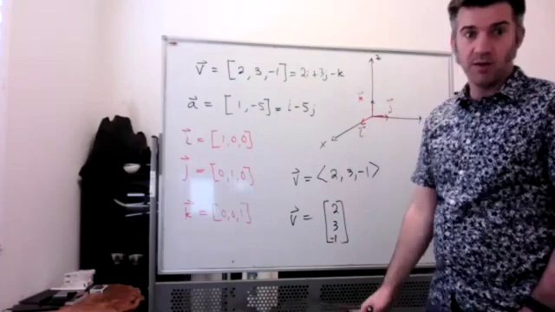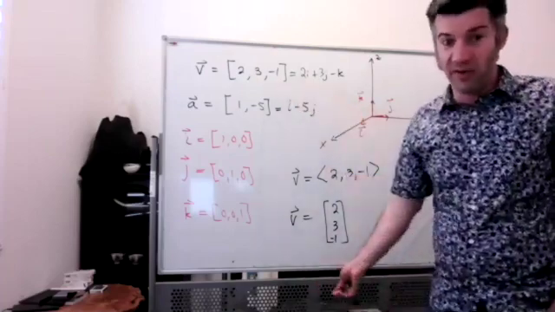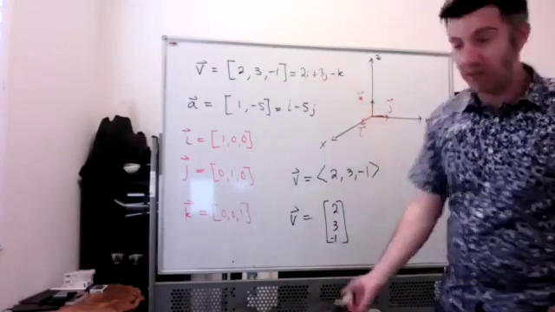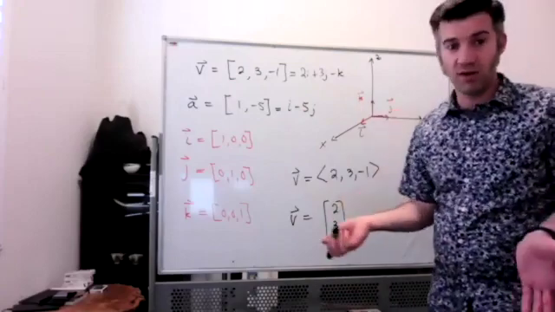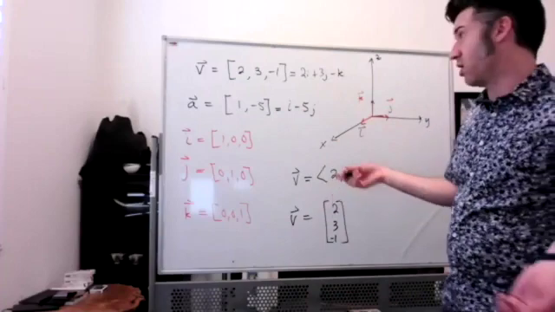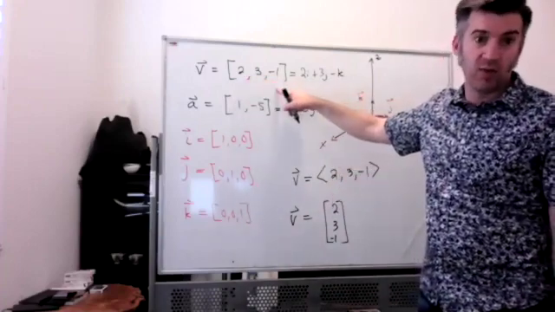Okay, so these are 4 different but equivalent ways of writing a vector. All of these mean the same thing. They mean that you start somewhere, usually the origin to make it easy to draw, and then you go 2 in the x direction, 3 in the y direction, and -1 in the z direction, or down in the z direction.